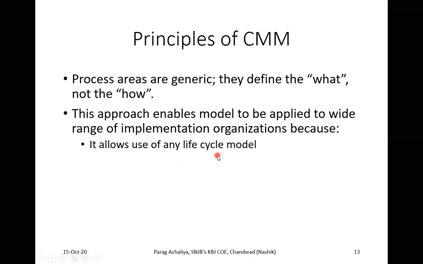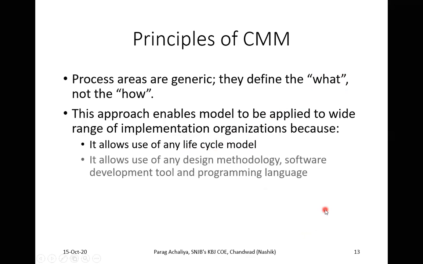There is no restriction that you should use the spiral model or any other model. When you are focusing on what you have developed, you are free to use any life cycle model of software development. It allows use of any design methodology. There is no specific design methodology you must use, again because you are focusing on what, not how.